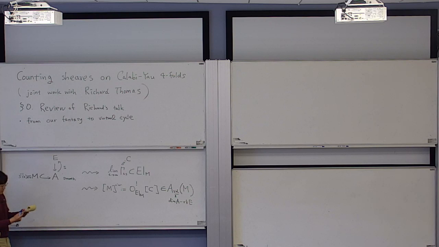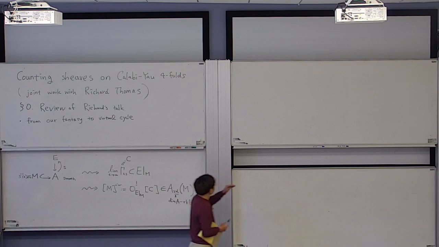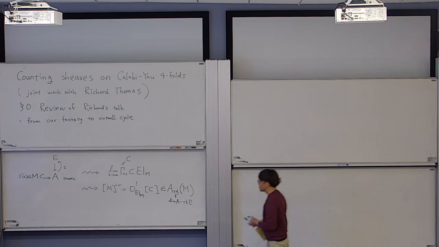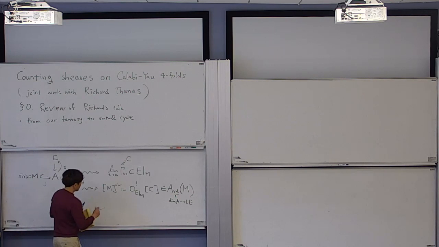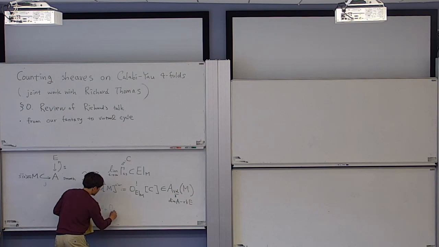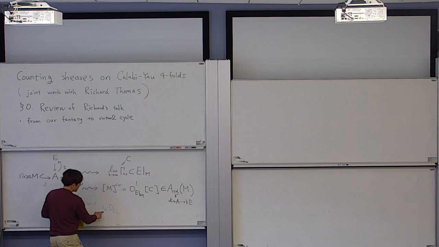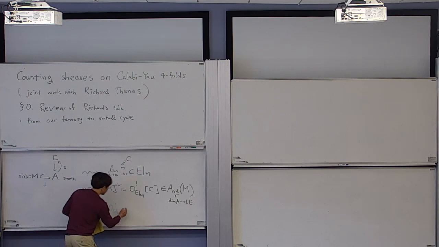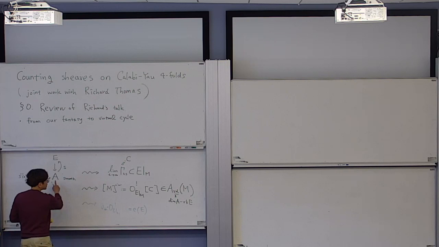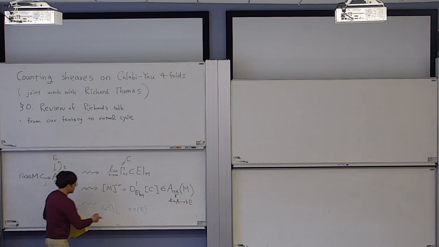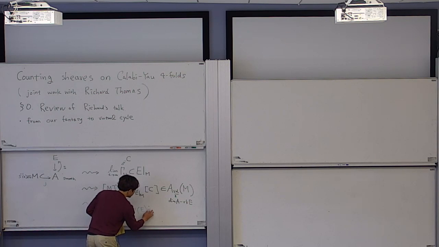So one more thing I want to talk about is, if we denote this embedding by J, then the composition of the inverse Gysin isomorphism and push forward by this embedding J is the Euler class of E defined on A. So as an operator, it is something like this.